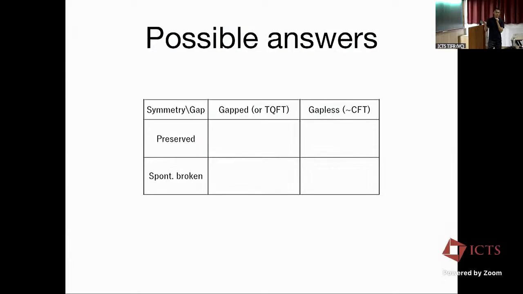Gapped theories are described by topological quantum field theory, and gapless theories are usually described by conformal field theory. And symmetry can either be preserved or spontaneously broken. So our job in quantum field theory is to identify in which quadrant a given UV symmetry belongs. And also, as one terminology, if all symmetries belong here, namely gapped and preserved, we say it is trivially gapped.